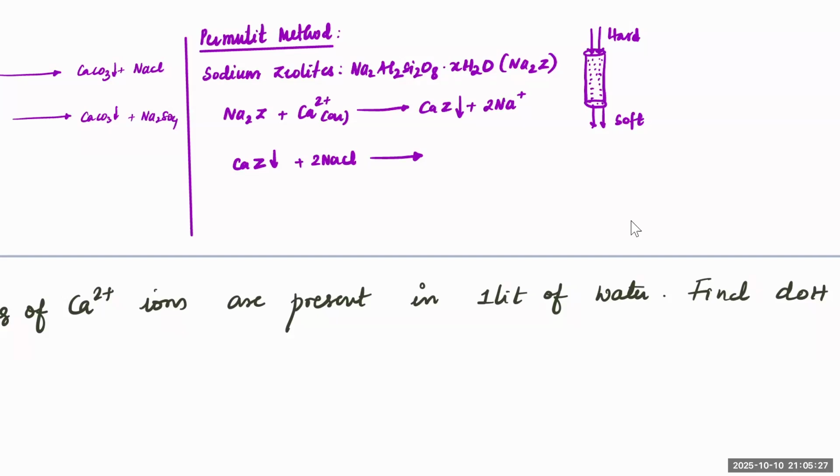Slowly, the calcium will start being replaced, removing the calcium into a soluble form, and again regenerate your candles. Okay. So this is called regeneration of permutit. Clear? So this way the candles were useful for a very long time.